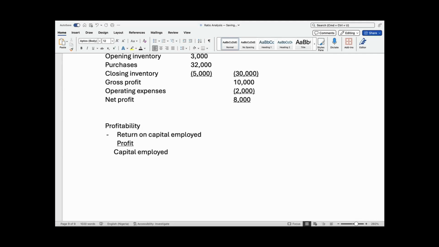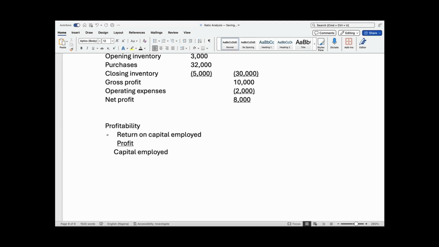And I told you that for this capital employed, you can either use just equity or you use equity plus debt. Now, sometimes the examiner will tell you what capital employed to use.